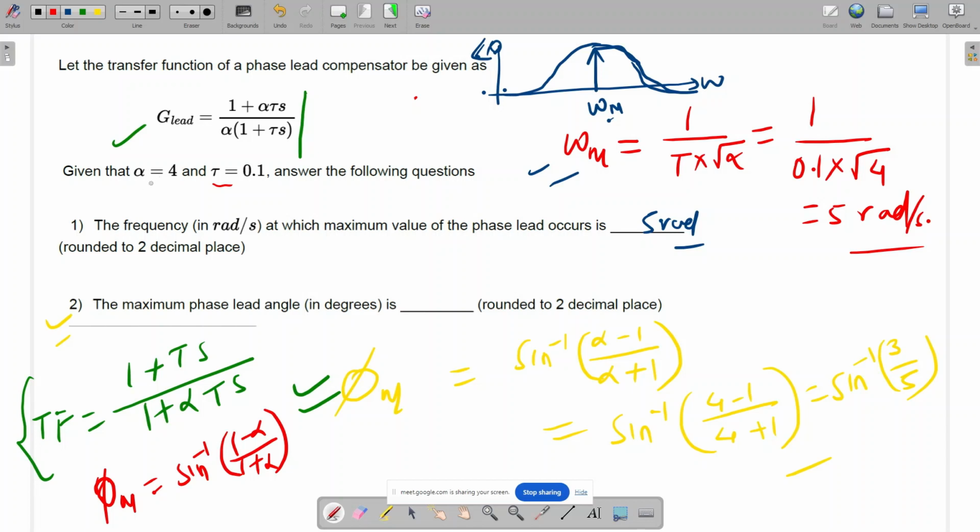But here alpha is greater than 1 and the function is written in the other format, so the formula will be different. I think it will be (alpha minus 1) by (alpha plus 1), that is 4 minus 1 by 4 plus 1. So what will be the value? Sine inverse 3 by 5, which is 36.86 degrees.